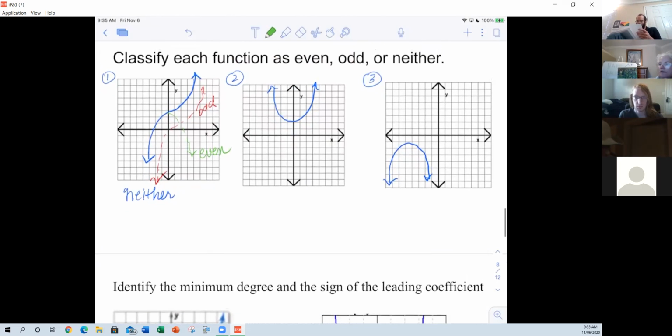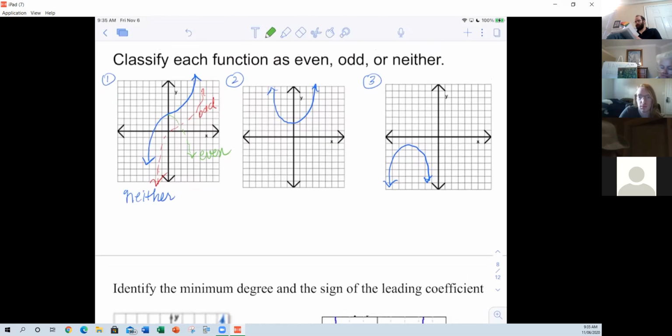Okay, what about number 2, even, odd, or neither? Even. It is even, right? You can slide that parabola up, down, all over the place, and it will be even. So this is even all the way. And the last one? That one's neither again. Okay, how could we make it even? Move it to the right about 4.5 units.